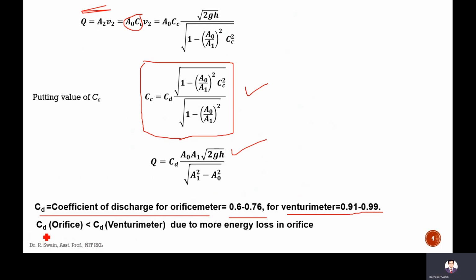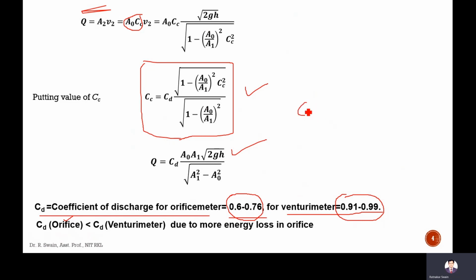Therefore, the coefficient of discharge CD of orifice meter is less than the coefficient of discharge of venturimeter. So it denotes that if you measure using venturimeter, it will give you an accurate result compared to orifice meter, because in venturimeter CD varies from 0.91 to 0.99, whereas here it varies from 0.6 to 0.76.